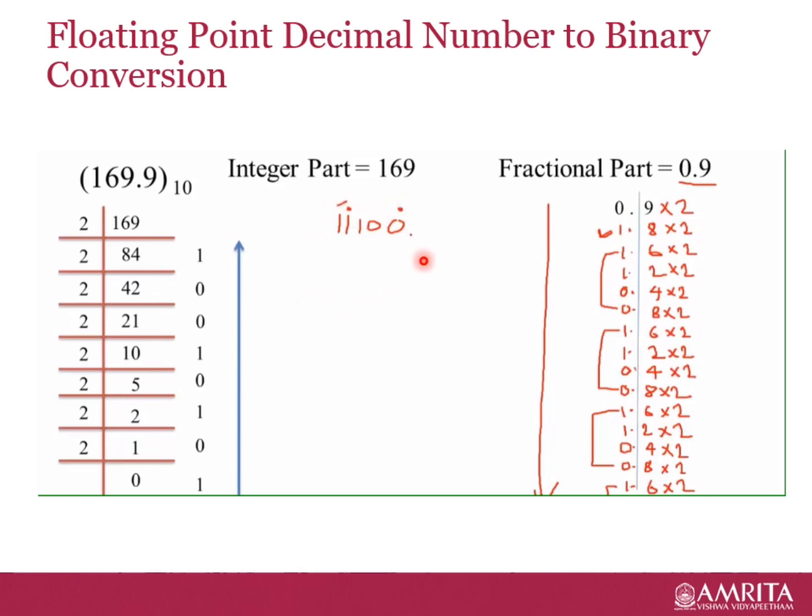And finally, for the entire floating point number 169.9, the corresponding binary is this one dot this one. So the binary of integer part dot binary of the fractional part.